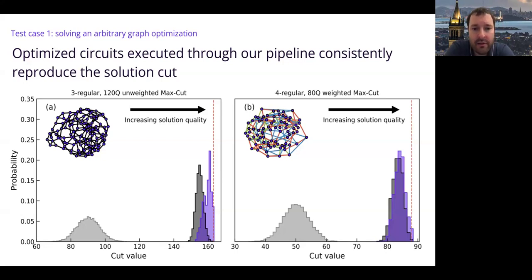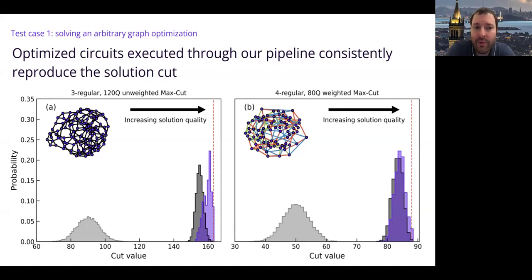And what you can see here are distributions, or if you want, histograms of 3 different methods. For each method, we sample 10,000 candidate solutions, and for each solution, we ask what is the cut value of this solution. The purple one is the optimal circuit that we are getting using our sampler.